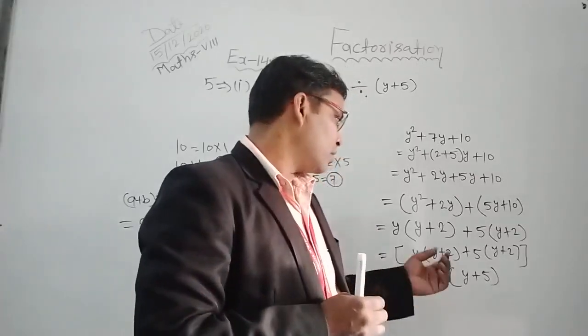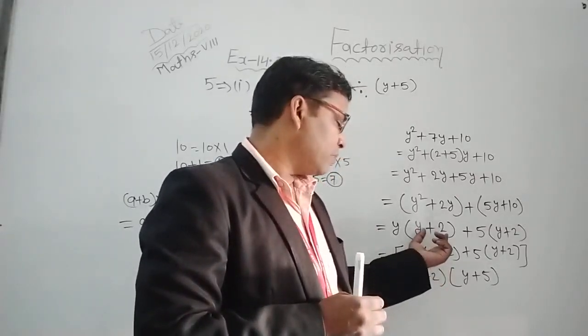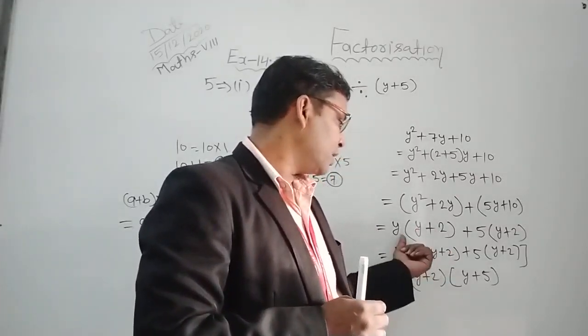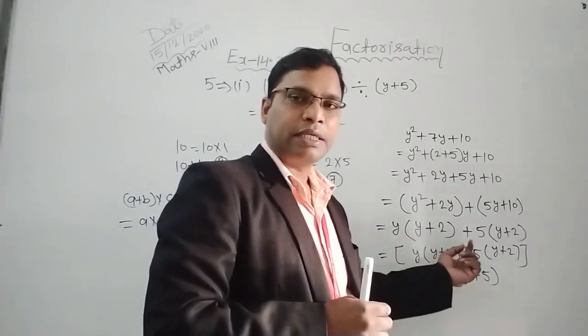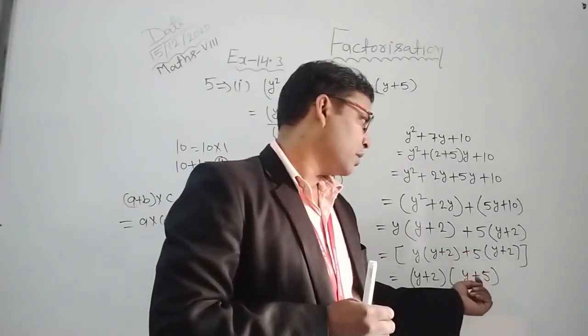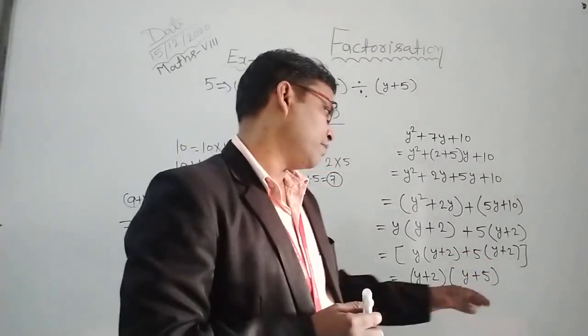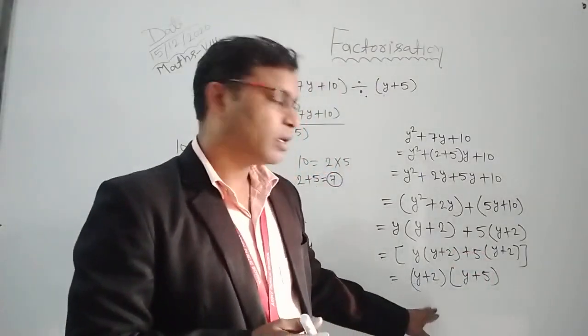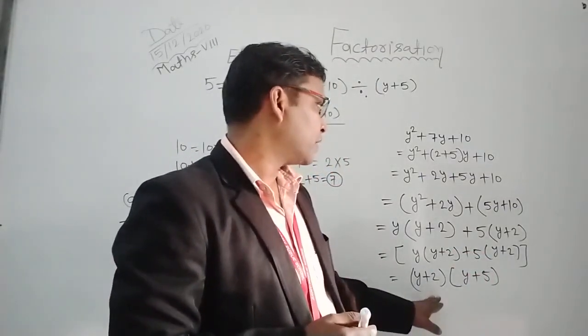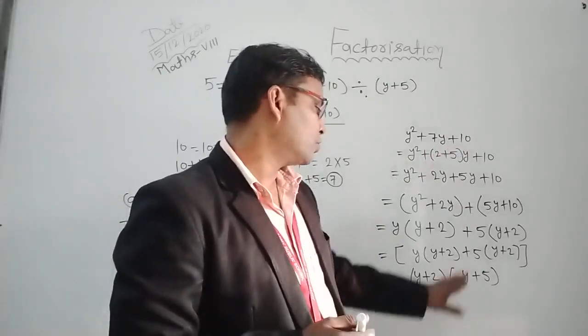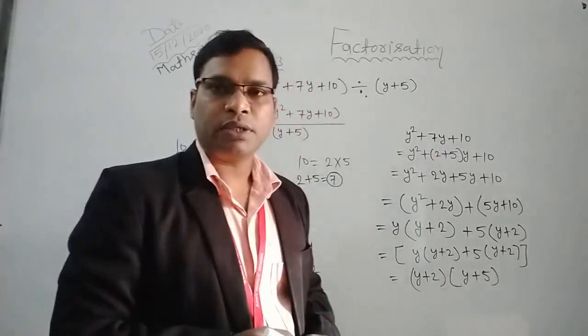If you take y plus 2 common, then from the first term you get y, and from the second term you get 5. In this way, the factorization of y square plus 7y plus 10 is y plus 2 into y plus 5.